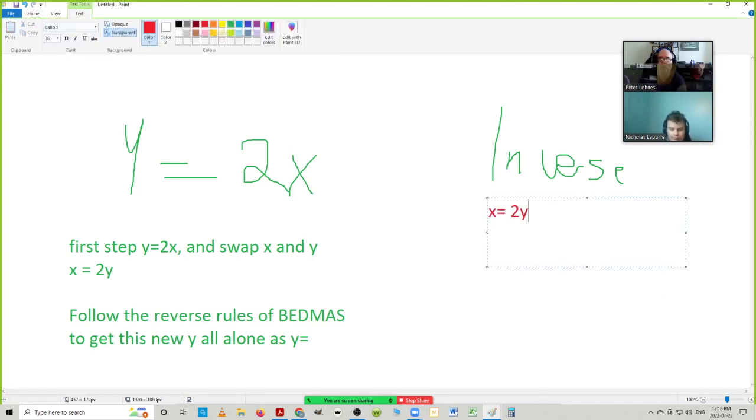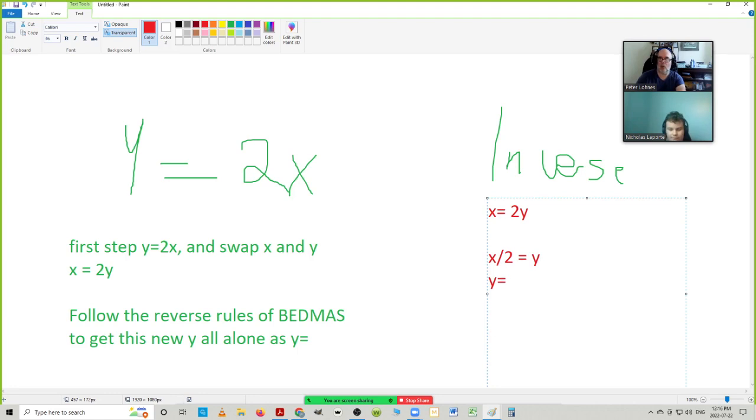How do I get it down to y is equal to something? How do I get y all alone here? x minus 2? No, because this is multiplying y, so I would never subtract 2. Oh, you divide. I have to divide both sides by 2, don't I? Yeah, divide both sides by 2: x divided by 2 and 2y divided by 2. What happens to this here? Cancels. Yeah.